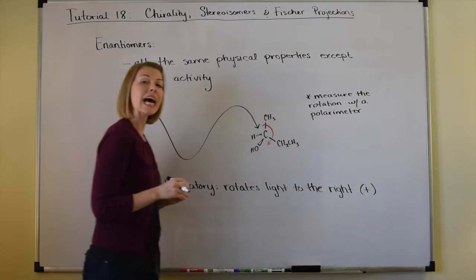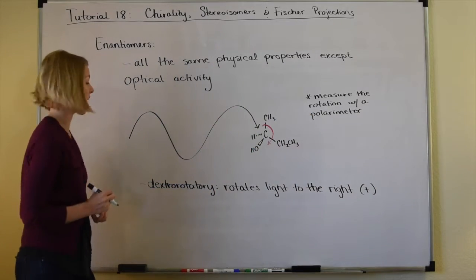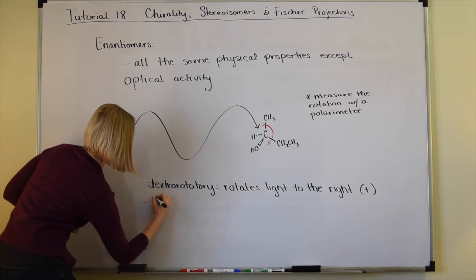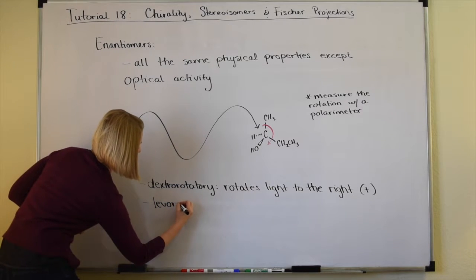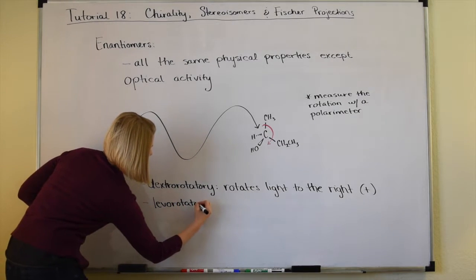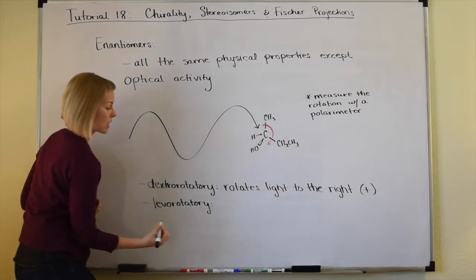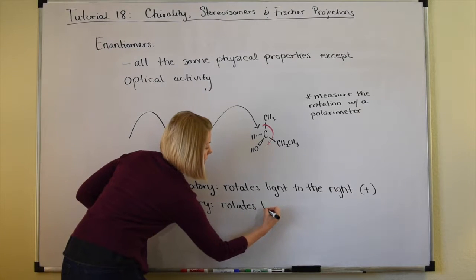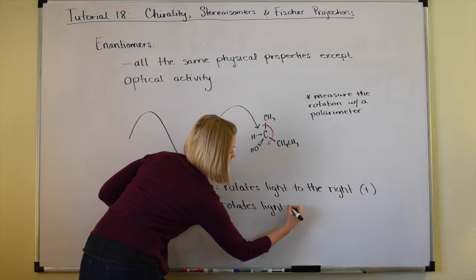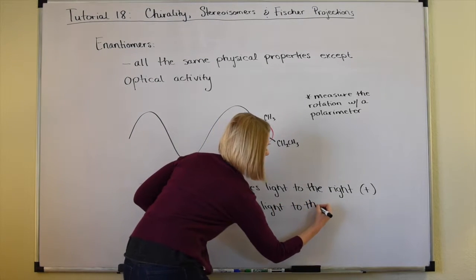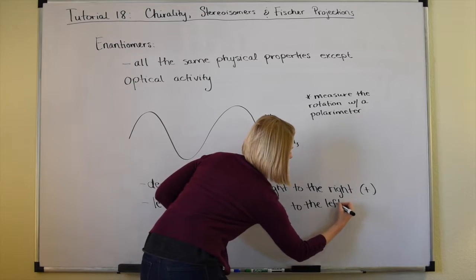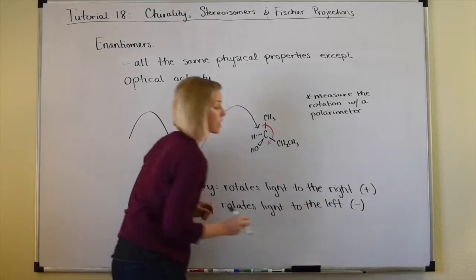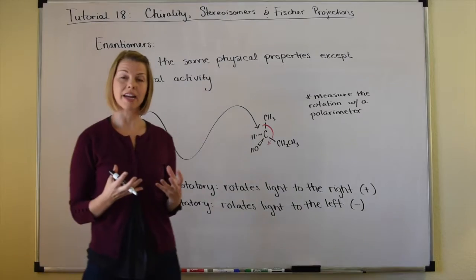And we indicate that with the plus sign. The levorotatory compound is the one that rotates light to the left. And we indicate that with the minus sign.